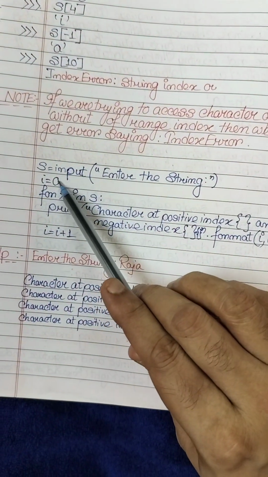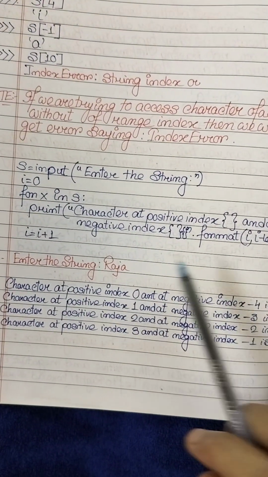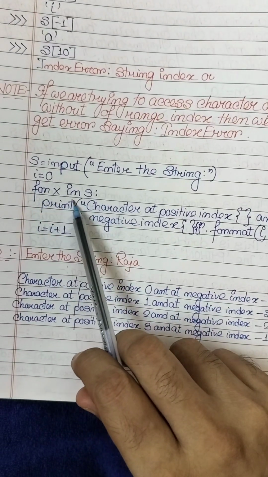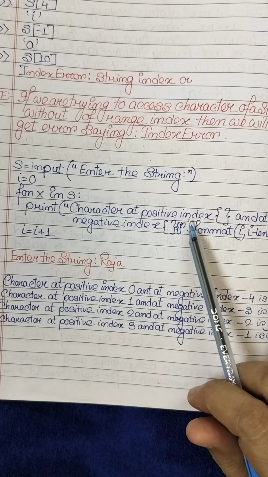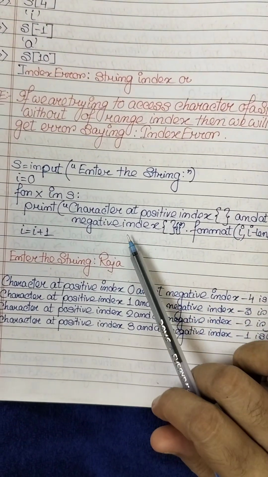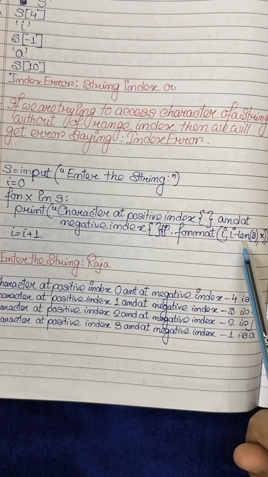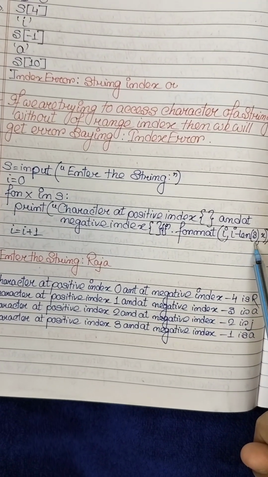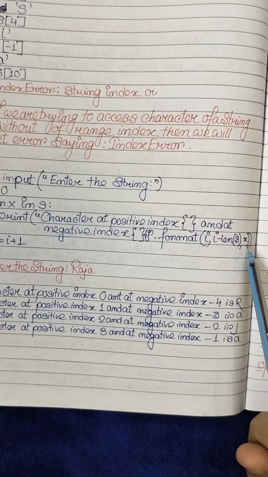There is another example on strings. Suppose s is equal to input, enter the string, i is equal to 0, for x in s, print the character at positive index and at negative index, format i, i minus length of s, comma x.